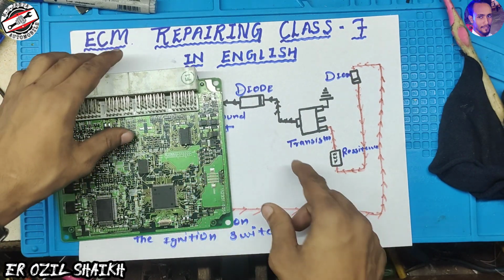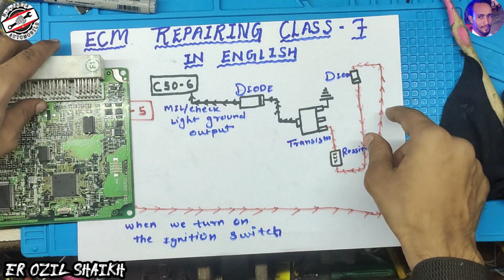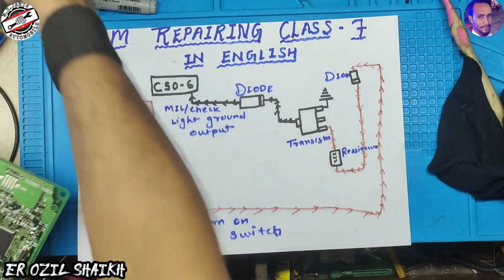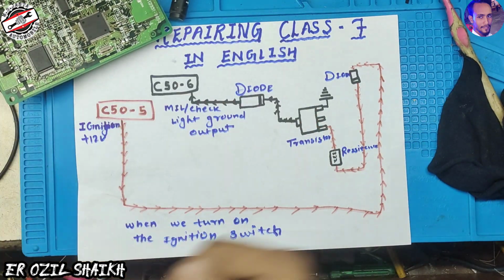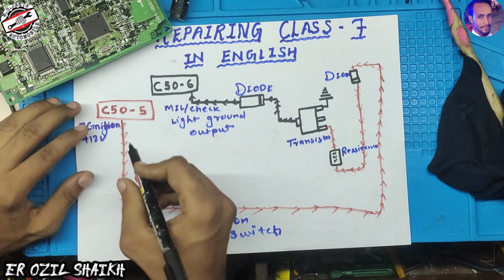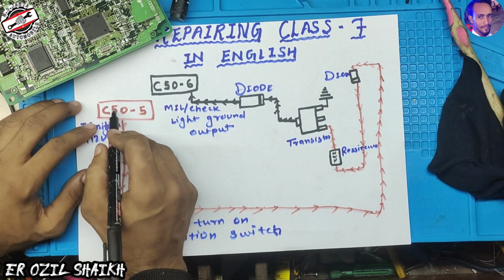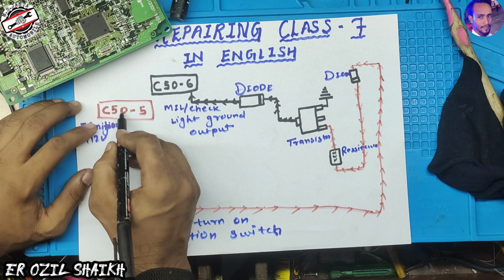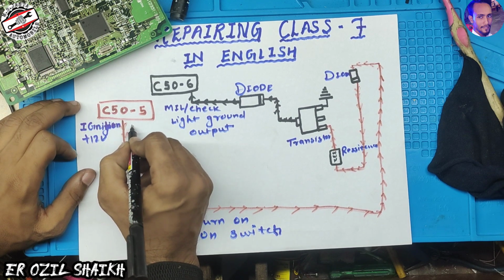So here we have ignition, here we have C55 ignition. Here is a 12 volt ignition.